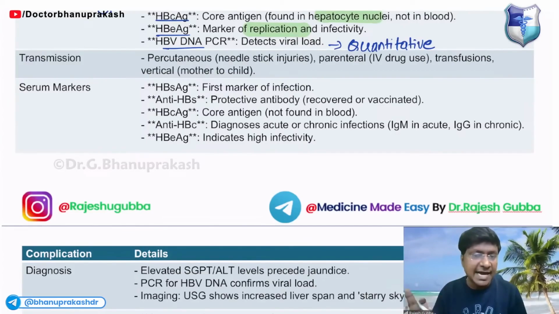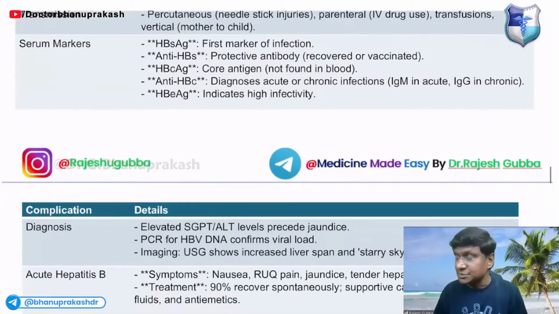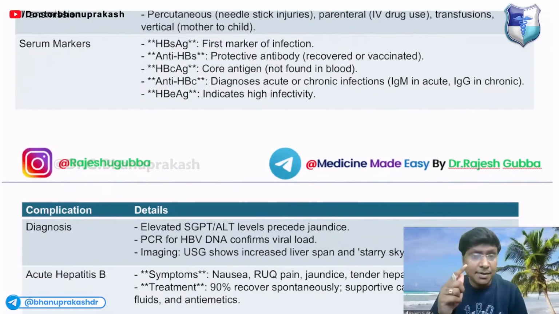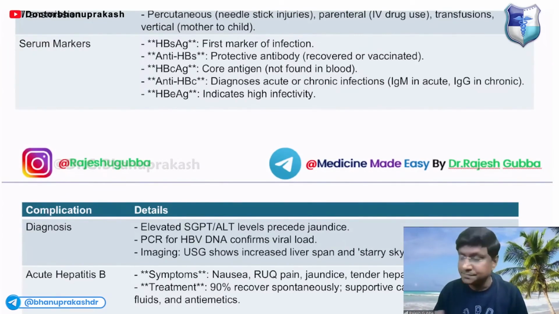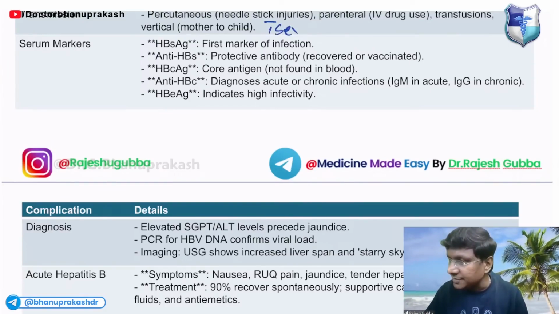I have still not discussed the antibodies. Coming to the transmission: it can occur by percutaneous, parenteral, and as well as vertical transmission. Sexual transmission is another important route.